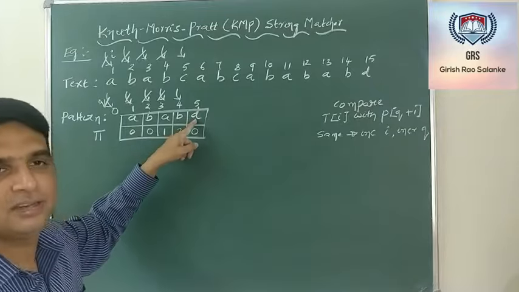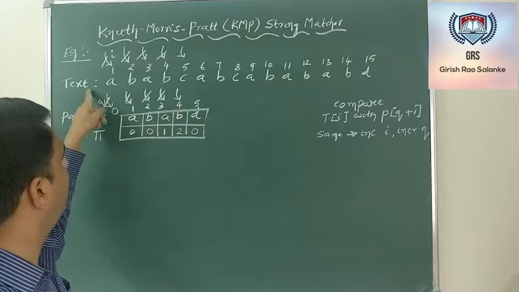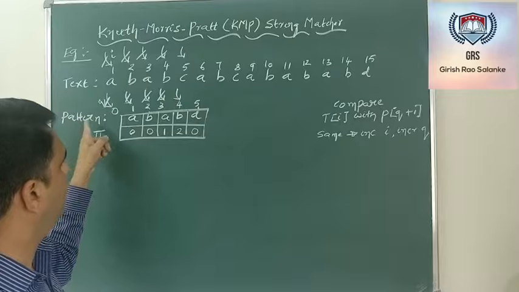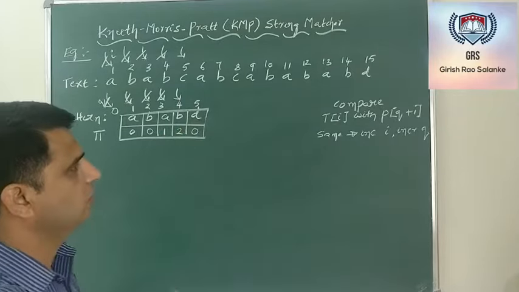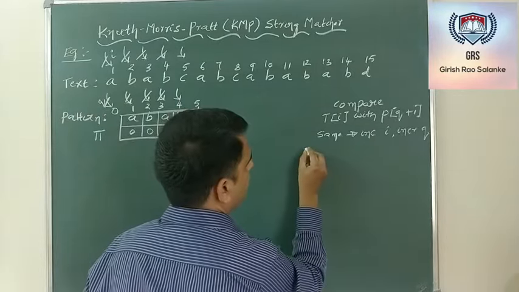This does not match. T of I is C and P of Q plus 1 is D, so they are not the same.